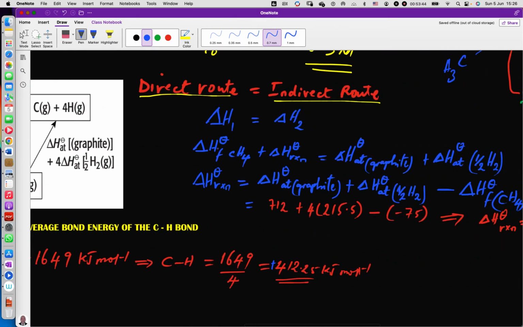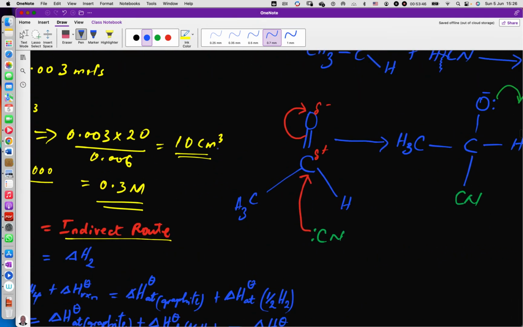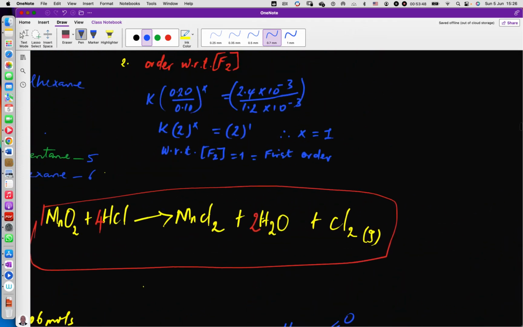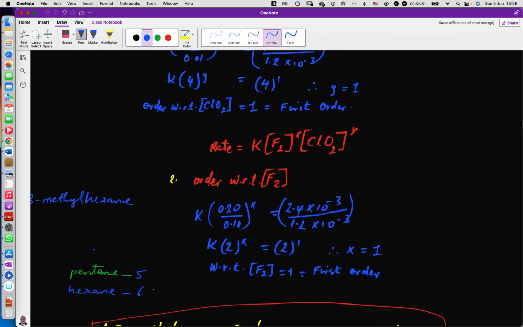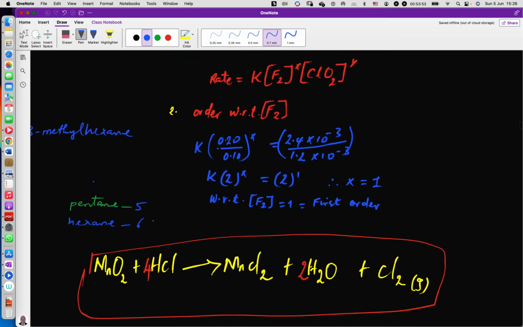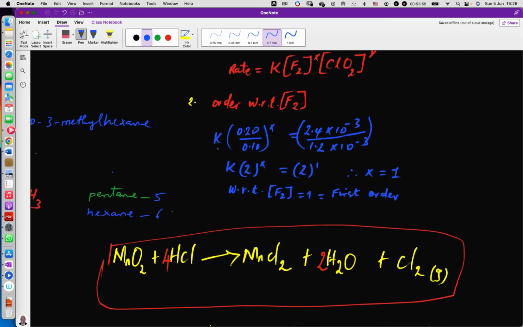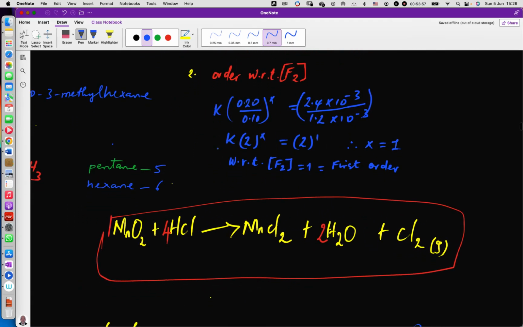With respect to fluorine, it is 0.20 divided by 0.10 to the power x, equals the rate, which is 2.4 times 10 to the minus 3 divided by 1.2.